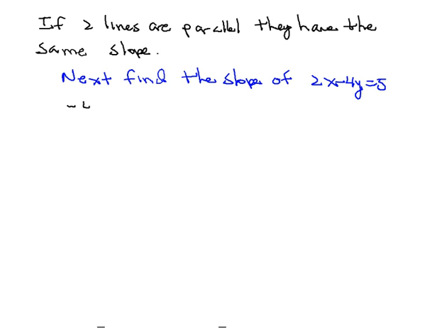So we have negative 4y is equal to negative 2x plus 5, and all we've done is simply subtract 2x from each side. And so next what we'll do then is divide each term by negative 4. So simplifying on the left we end up with y.